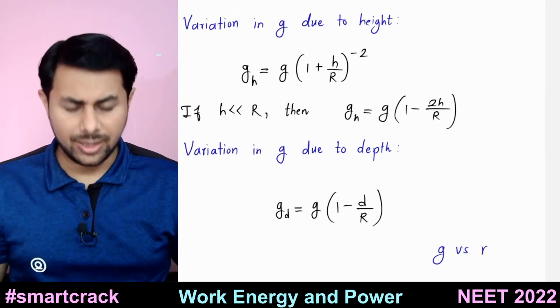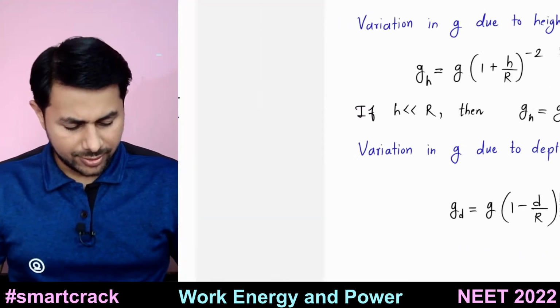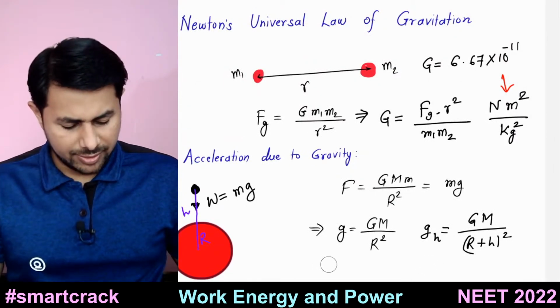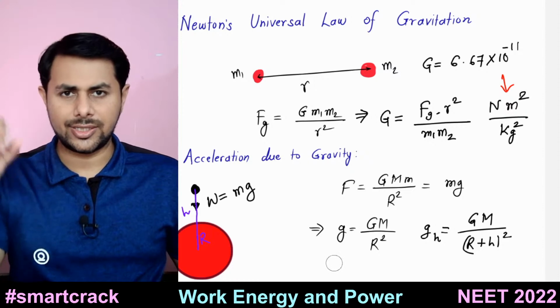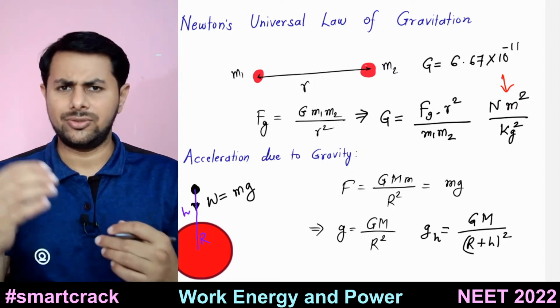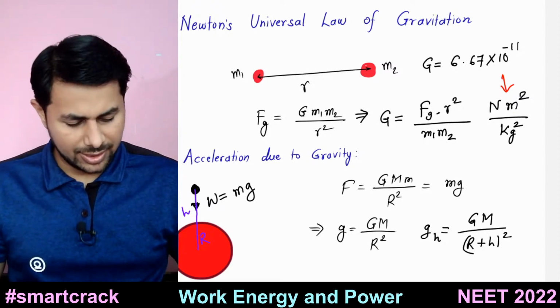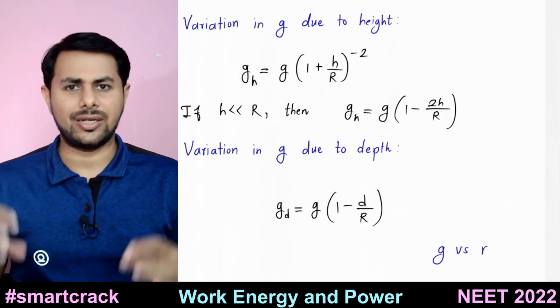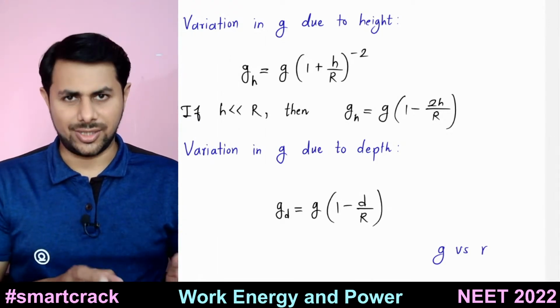And how do you get that? If you divide this equation of g_h by this equation of g, you will get g_h divided by g, and then you take g on the other side and do some calculations, and you will get the relation between g_h, the acceleration due to gravity at height h, and g.